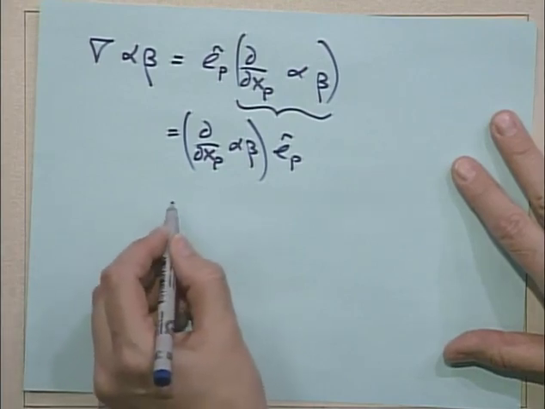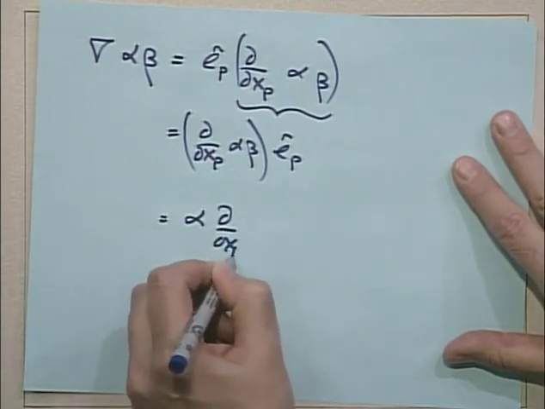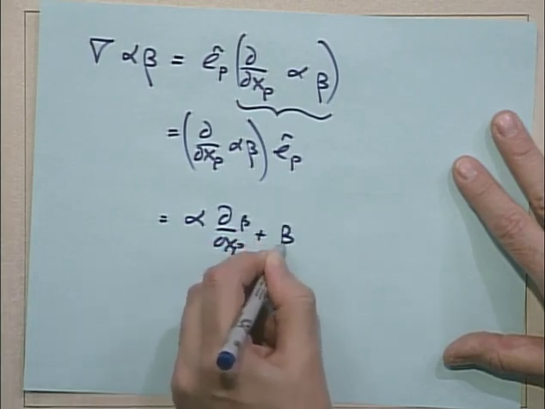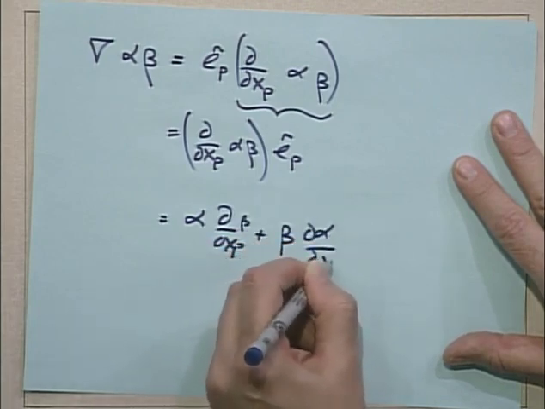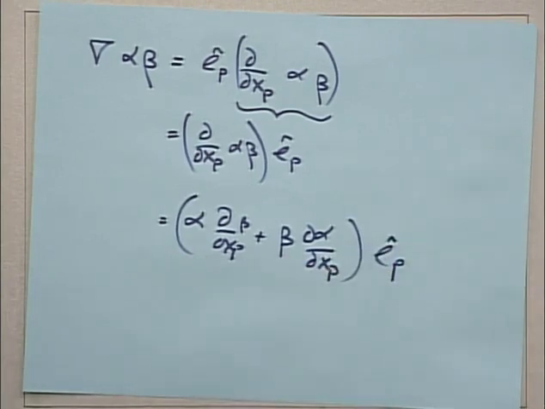So this is the first times the derivative of the second plus the second times the derivative of the first, e_p. So we have to use the product rule. That comes up quite a bit, right? We have to be careful with the derivative operators, to have them operate before you move them around too much.